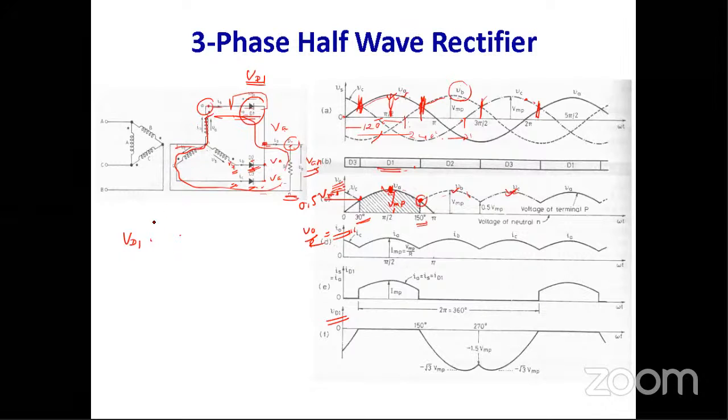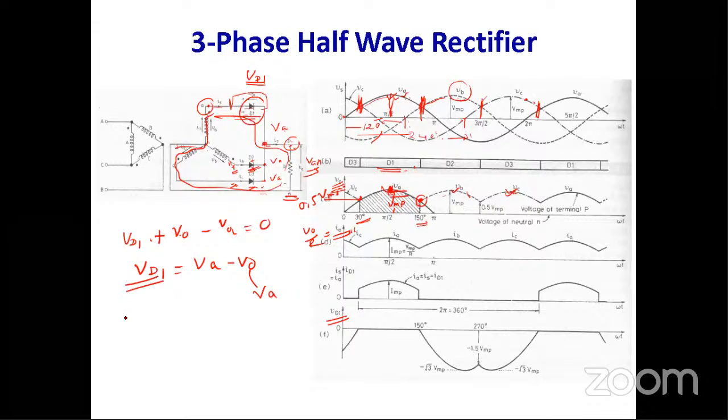So ultimately you can represent VD1 plus V0 minus VA is equal to 0, or VD1, the voltage across the diode 1, is equal to VA minus V0. Now you see, in this zone, when the diode D1 conducts, V0 is VA.